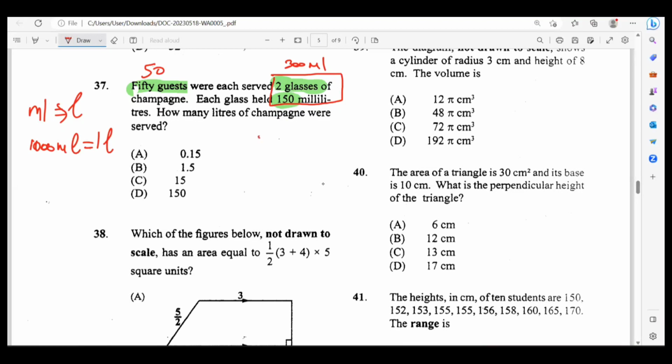So you want to multiply 300 by 50. I believe you will get 15,000. So this is 15,000 milliliter because that's the amount of alcohol that they have. And then now this is milliliter, you're going to have to divide it by 1,000 to change it back to what they want, which is liter. So the answer is 15.